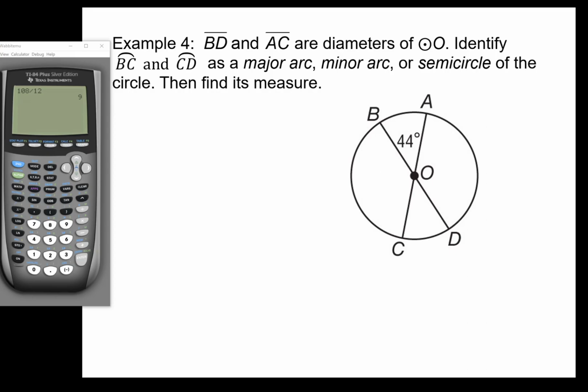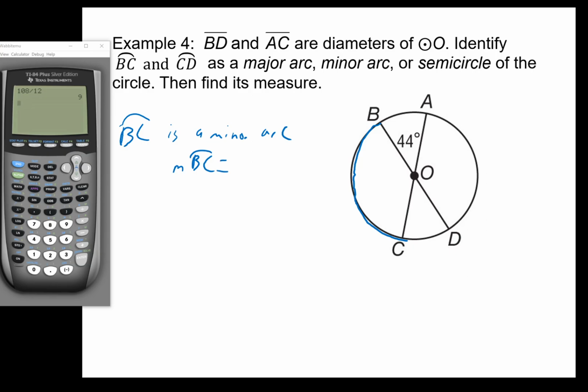Example 4, BD and AC are diameters. We want to identify BC and CD as major, minor, or semicircles. All right, so arc BC is this arc here. That looks like a minor arc. And let's say that the measure of arc BC, that's the proper way of writing it.